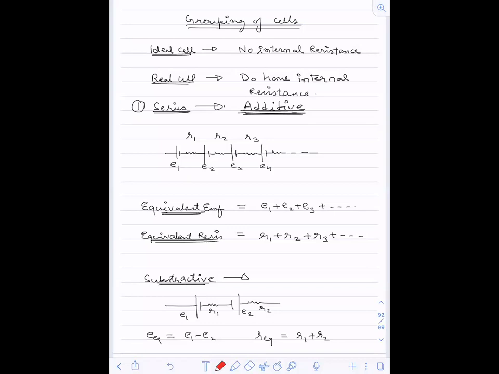Regarding this page, if anybody is having any doubt about the additive and subtractive nature of the series combination, just ask now itself.